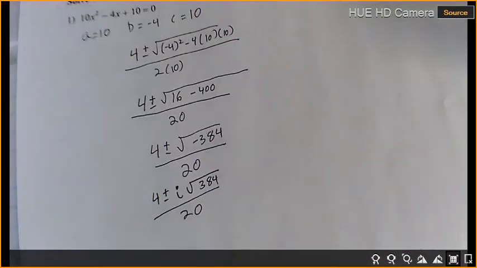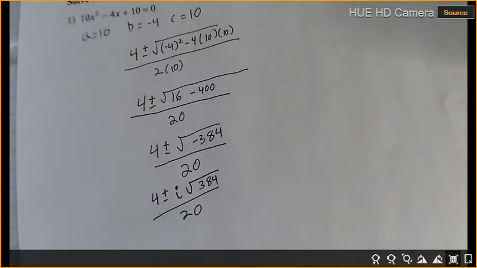Now I need to think of what is the biggest number that goes into 384 evenly that is a perfect square. So 100 doesn't go in there evenly. Remember, we're looking at perfect squares. So I tried like 100, won't go in there. Will 81 go in there evenly?